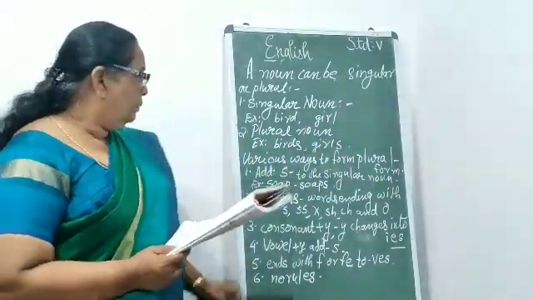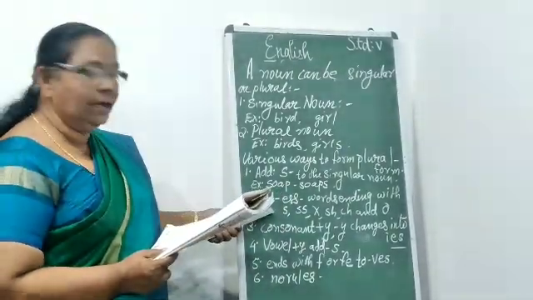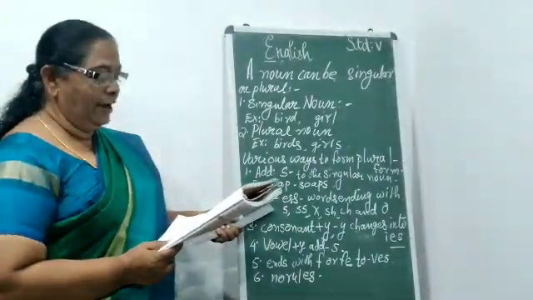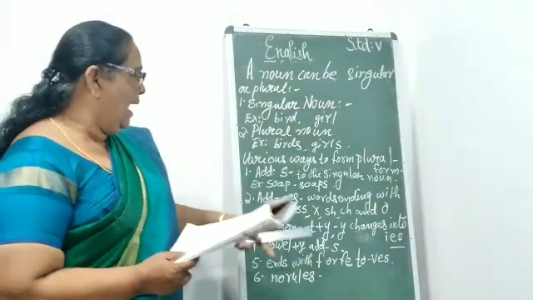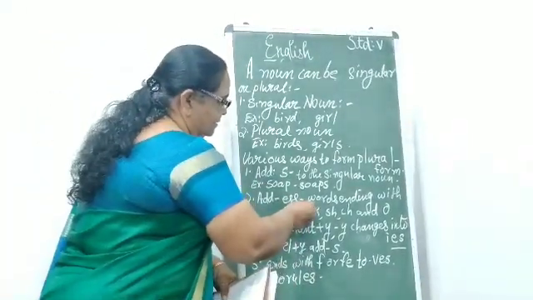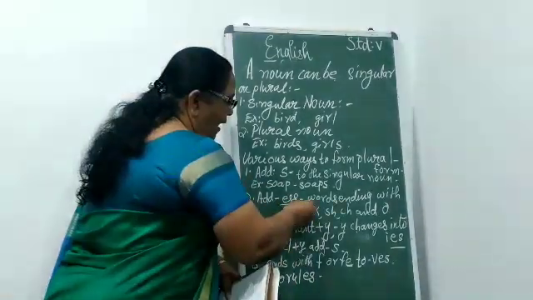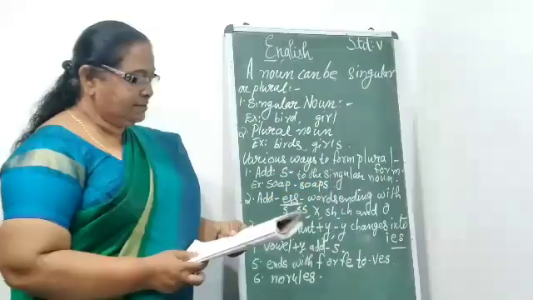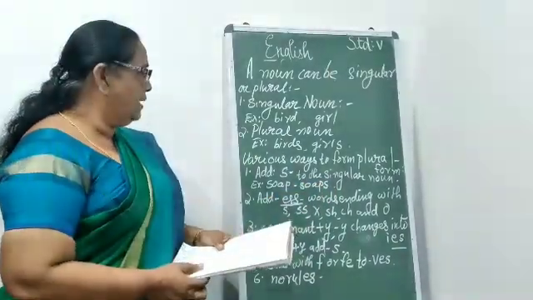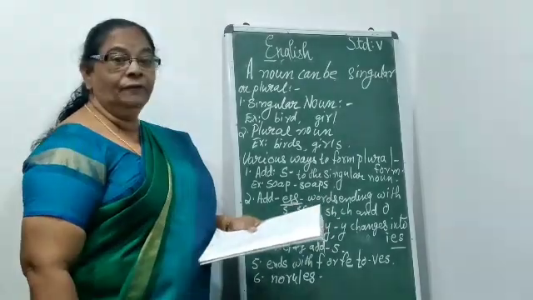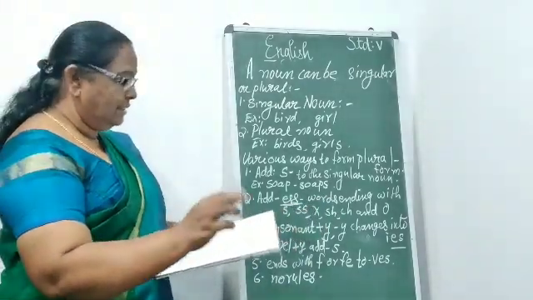Okay. But when you are coming to the second rule, it is a little different. See there, add es. Okay, add what? Add es to the singular noun ending with which letters?